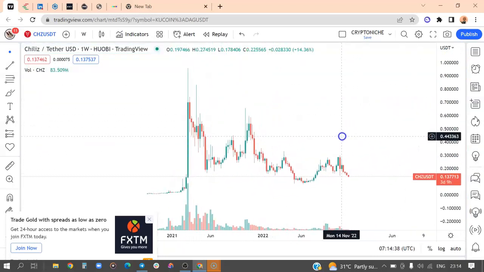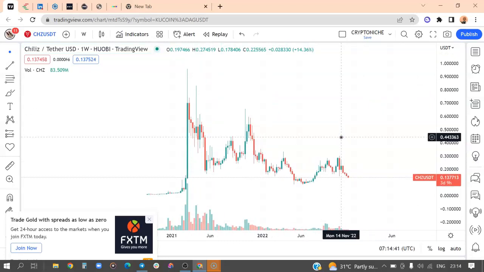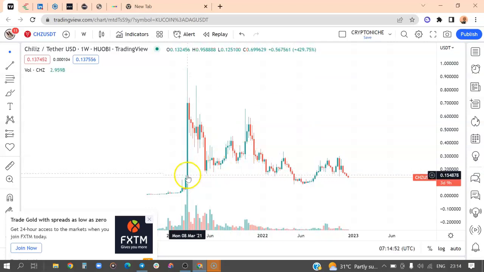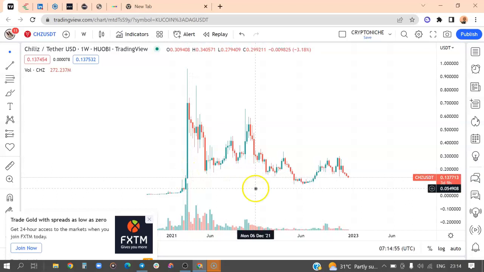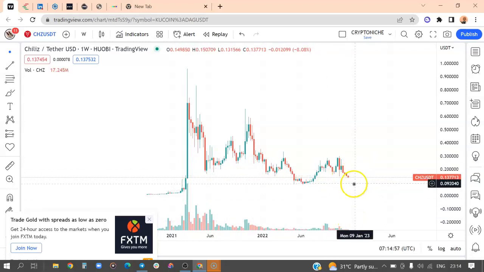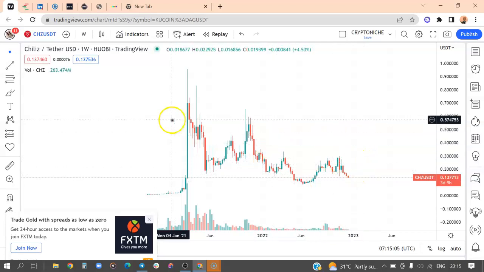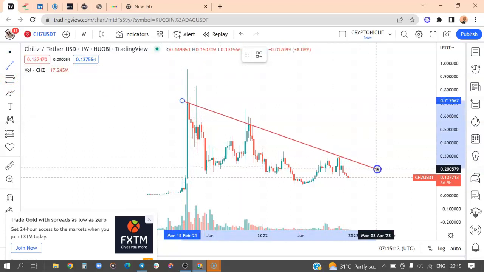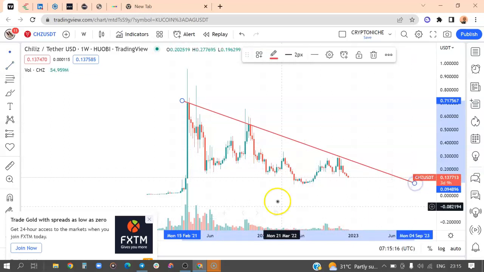This is a coin that got to 95 cents in 2021, and now it is trading a little below 40 cents. So what has really happened to Chiliz? The bear market has happened to Chiliz, and it keeps going downward on a downward spiral. Can you see this downward spiral?